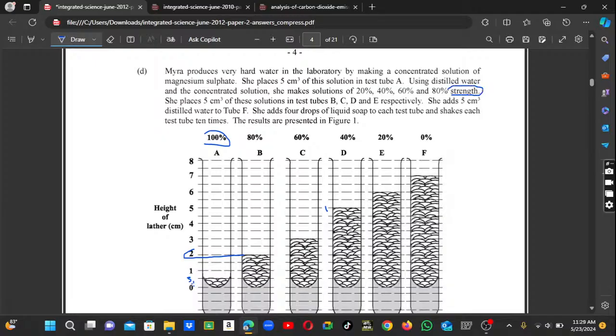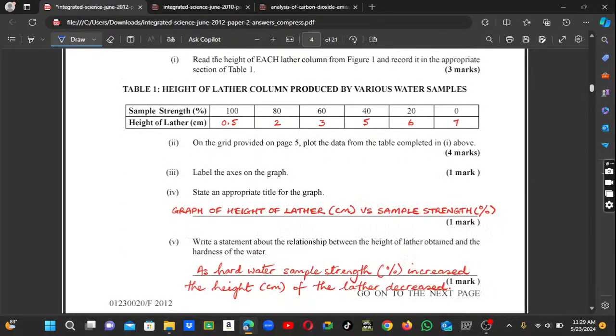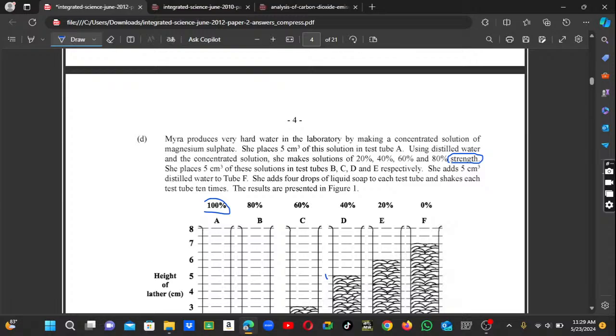If they give you a diagram on the 2024 paper 2 Integrated Science, similar to this, and they say you need to give it an appropriate title, then once we read the information above, we can know. So we know about the strength, and they are talking about its height.